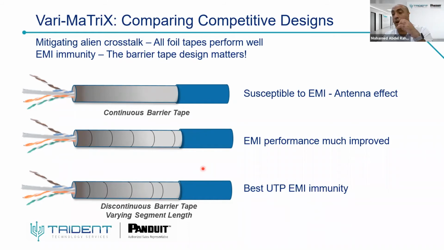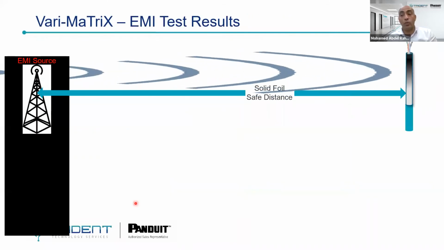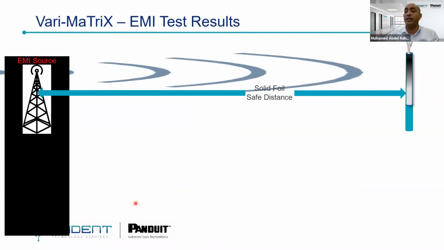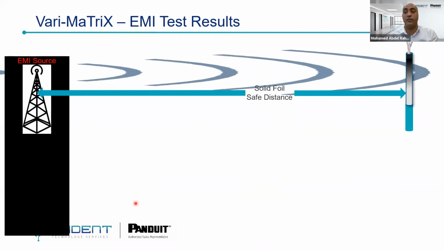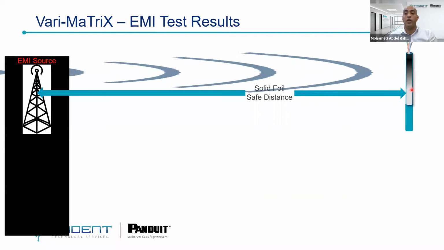Bandwidth Lab found that by varying the cutting of the foil for the cable, it gives you the best UTP immunity to electromagnetic interference. Also, Bandwidth Lab R&D performed research into the design of the Varimetrics cable compared to the solid foil cable available in the market.